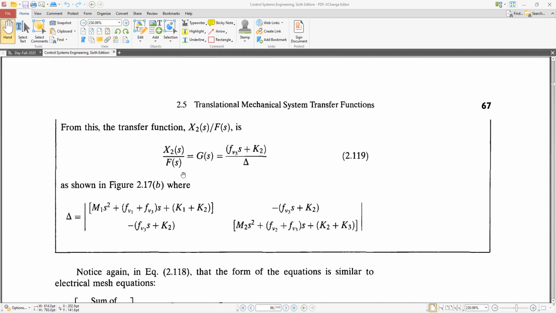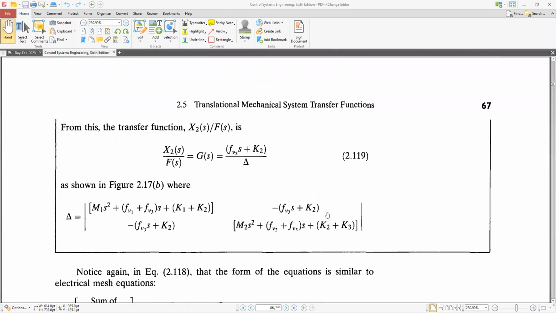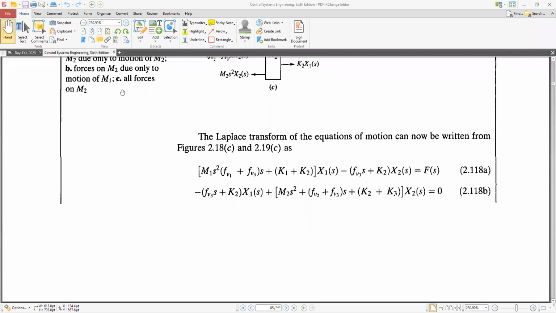So X2 by F(s) is the output. Do you understand how to solve this one? If we consider X2, then we are not considering the other thing. Let me show you how to solve for X2(s). First, here delta: write this one.